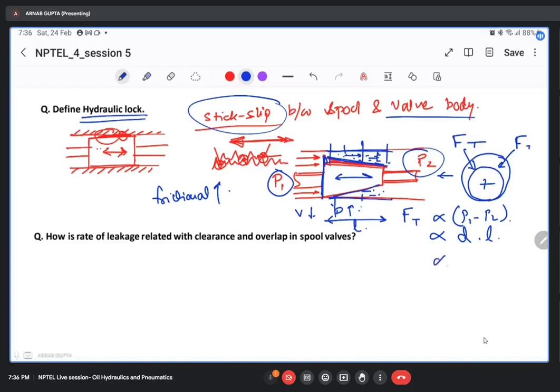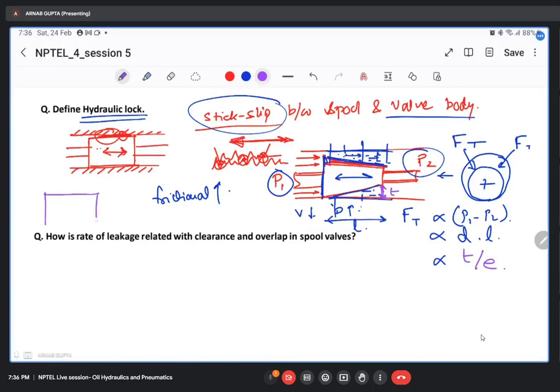And it's also proportional to another factor, that is the ratio of T upon E. So what is this T? T is basically this taper, like how much taper has happened.